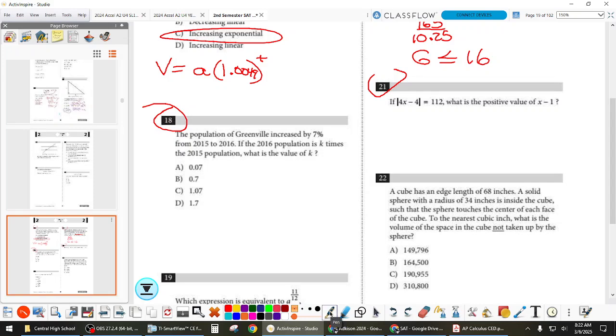Number 18, the population of Greenville increased by 7%. If the 2016 population is K times the 2015 population, what is the value of K? In other words, what are we multiplying the 2015 population by to get the next one?